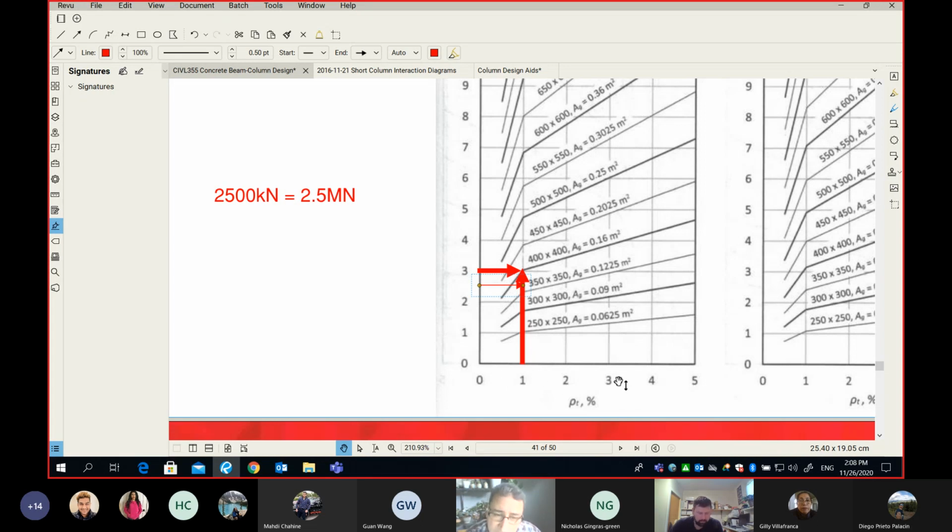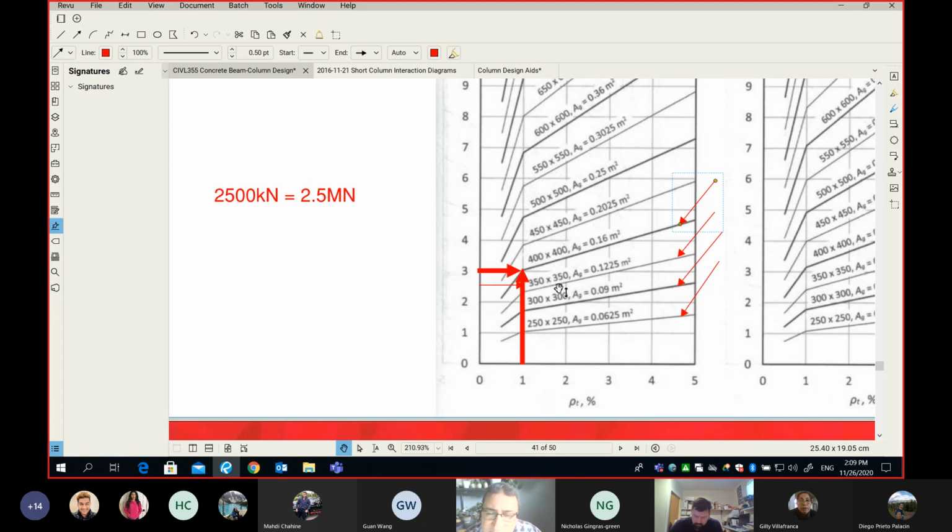As I said, we start with the minimum reinforcement ratio, 1%. If we take the axial load and the reinforcement ratio, they create a point on one of these curves. We have so many of them, one curve, another curve, and so on. All those are different curves, and they give you the size of your column.